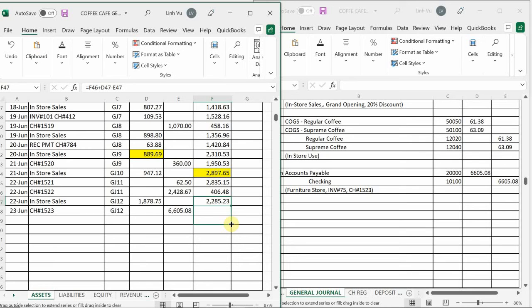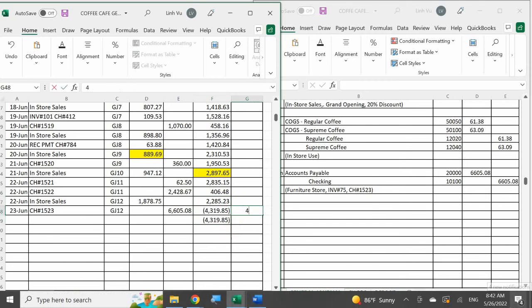We're subtracting? Mm-hmm. Okay. Yeah, because we spent money, right? I was like, dang, we're gonna be in the negative. Yep, we are going to be in the negative. Negative $4,319.85.